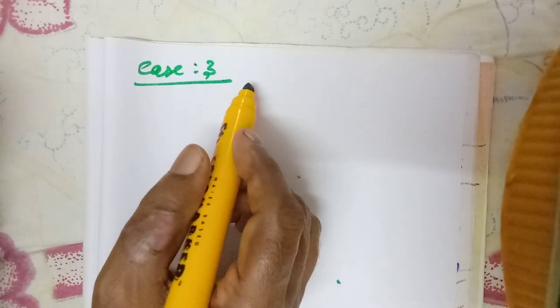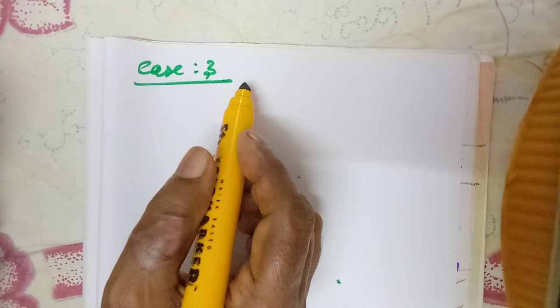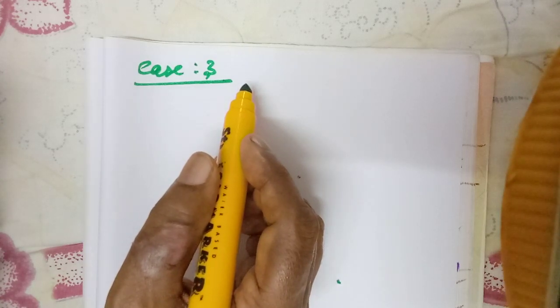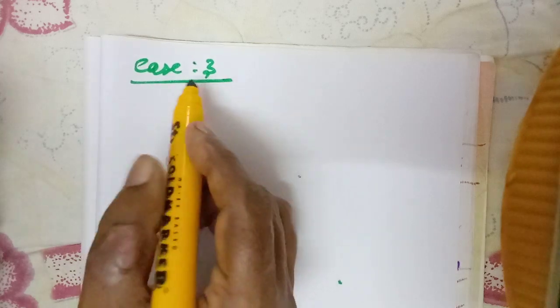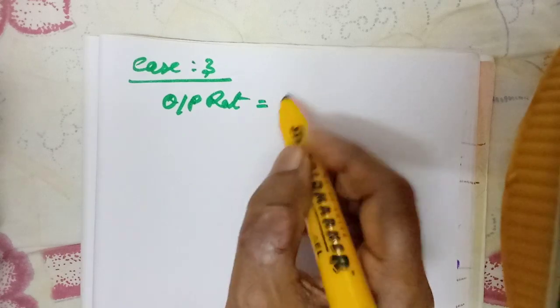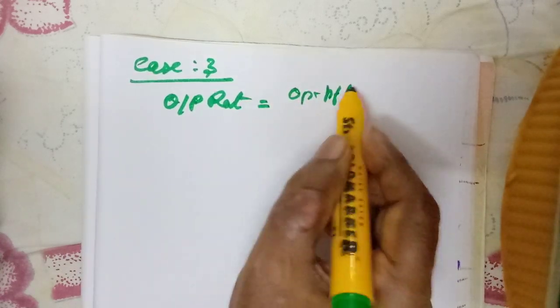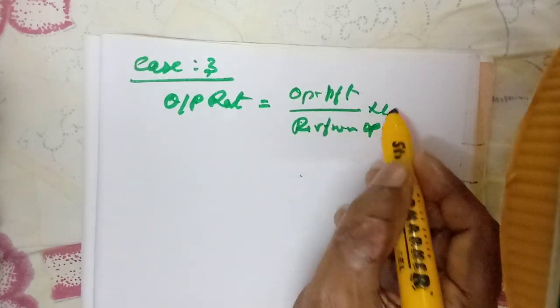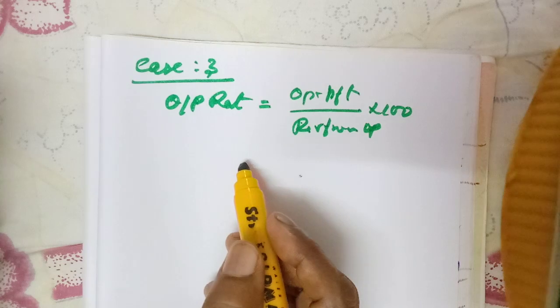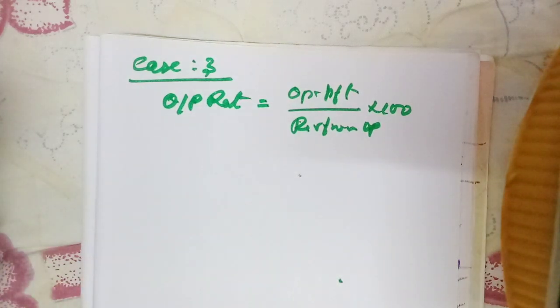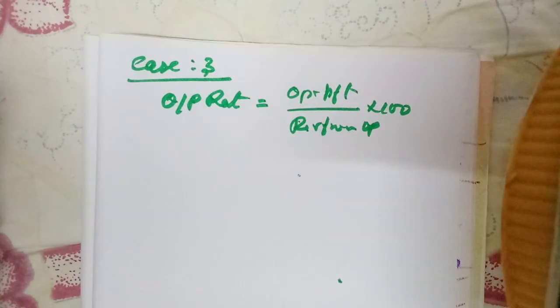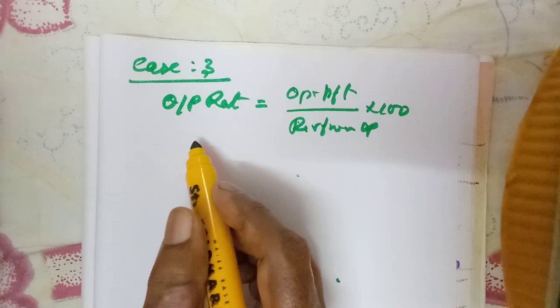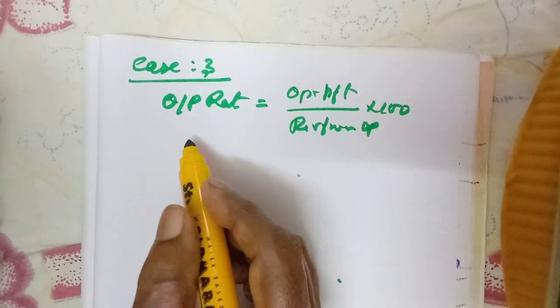Case 3, what is given? Revenue from operation 10 lakh, gross profit percentage given, operating expenses given. Okay, so now again you write the formula. Operating profit ratio is equal to operating profit divided by revenue from operation into 100. Okay, here what is given? Gross profit is given, operating expense is given. So operating profit we need to calculate, isn't it?